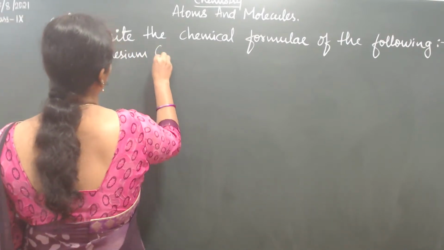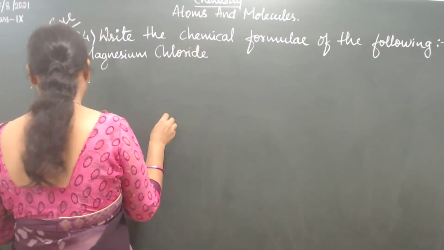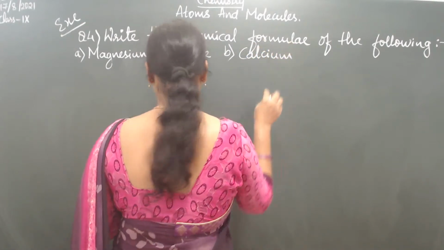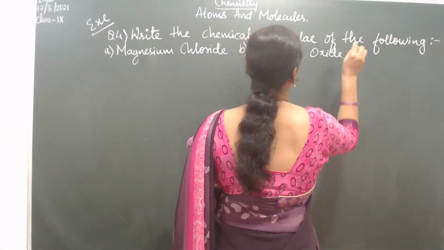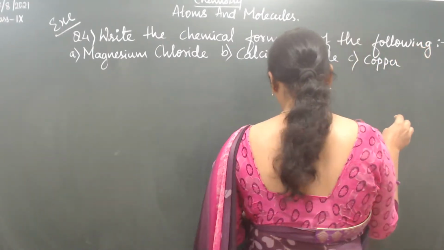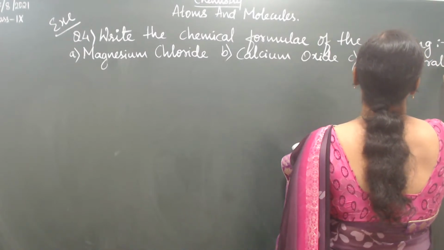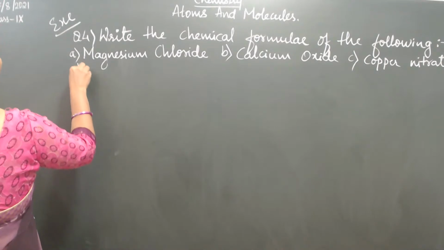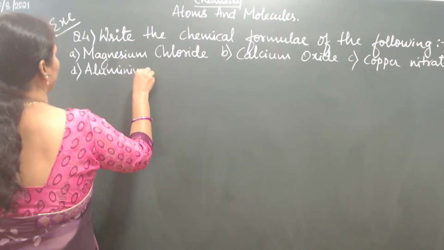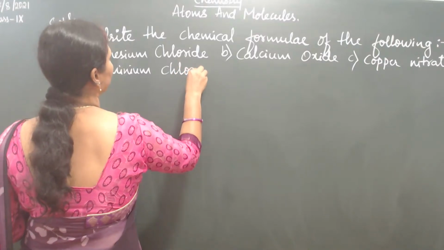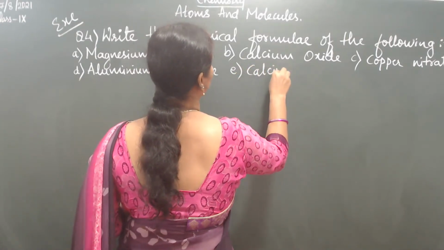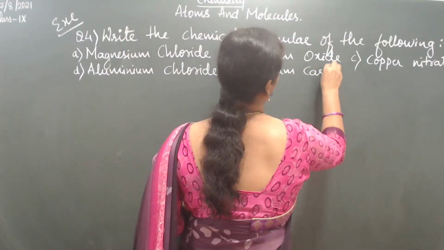That is magnesium chloride, then calcium oxide, copper nitrate, next one aluminium chloride, then calcium carbonate.